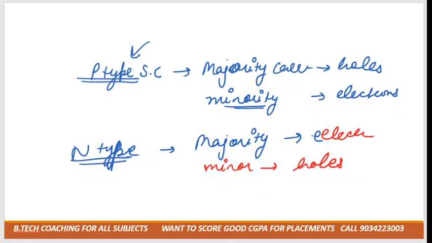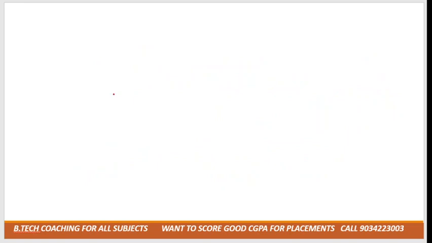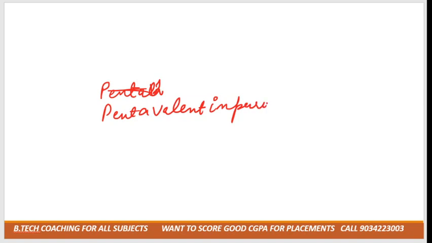Now the question is how we can make the p-type and how we can make the n-type. If we add a pentavalent impurity, will that result in n-type or p-type?